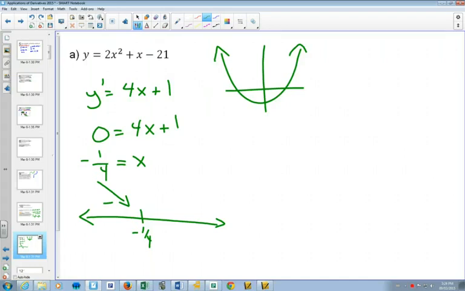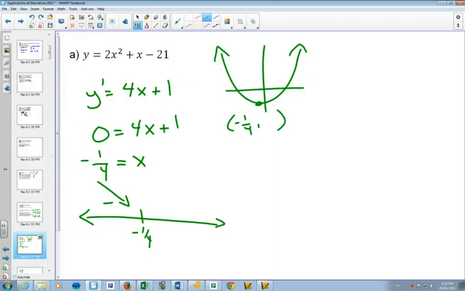So we're going to find our critical point. This negative 1/4 is going to tell us our vertex. If we plug in negative 1/4 into our original function and solve for it, we'll find out exactly what this vertex will be. I'll let someone do that on their calculator for me.